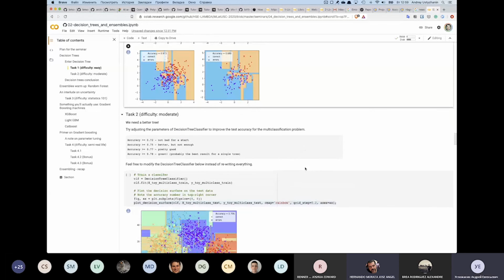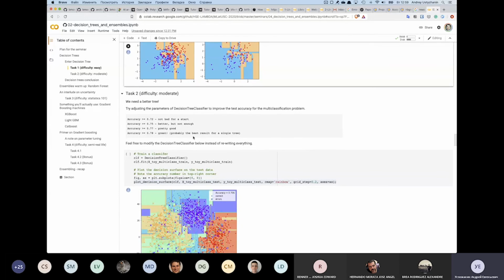So now we'll try to adjust some parameters of the decision tree classifier to improve the accuracy.